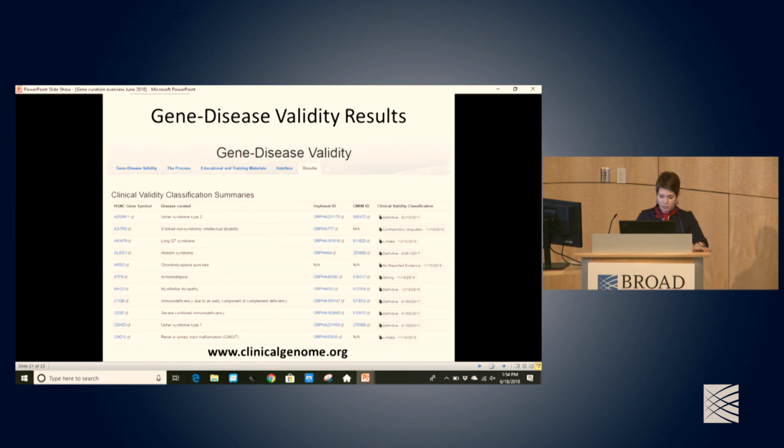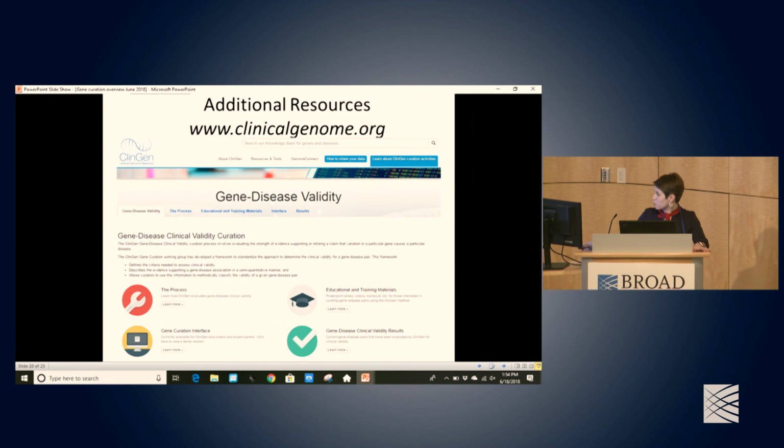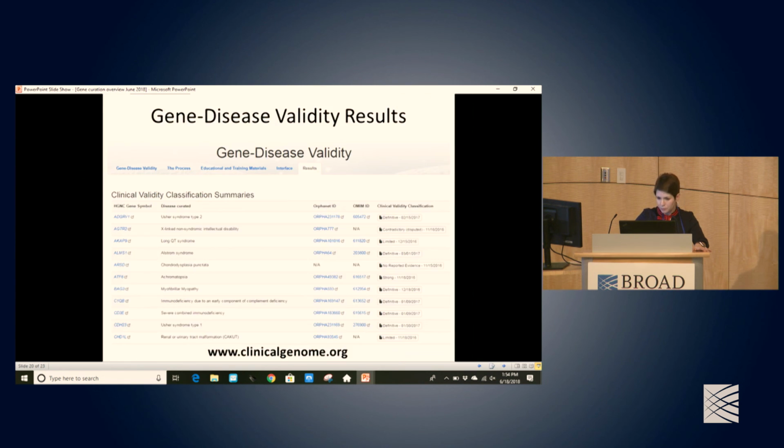And then where do you actually go to find the results? I'll just back up one. You can click on this button here to see a list of all of our gene disease curations that we've done. Or alternatively, you can search for any gene you like up in this top search bar. If you were to click on that button to see all of the gene disease curations, you'd come to a list that looks like this. Here you can quickly see what the classification is and the date.